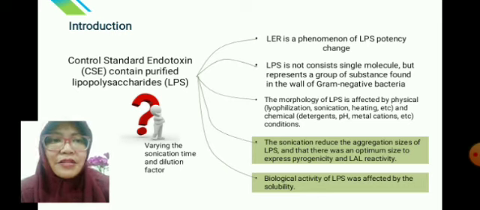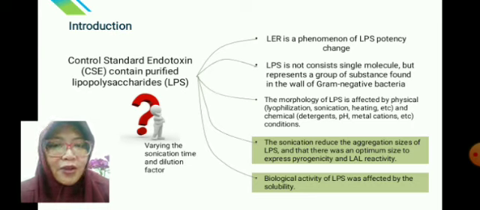This is the phenomenon of LPS potency change. The control standard endotoxin contains purified lipopolysaccharides, or we call LPS. LPS does not consist of a single molecule but represents a group of substances found in the wall of gram-negative bacteria.